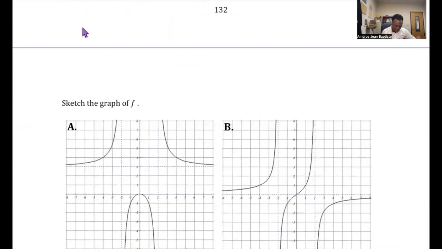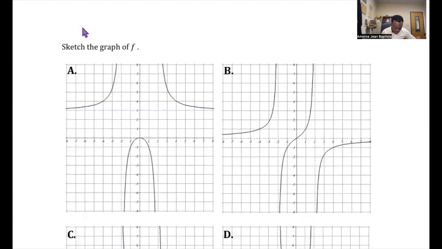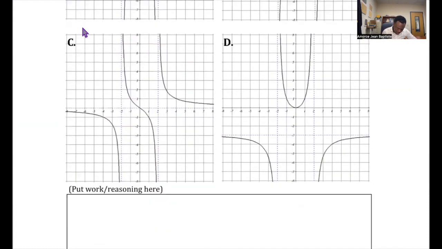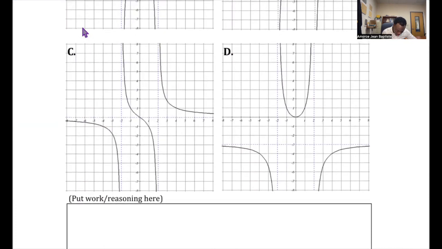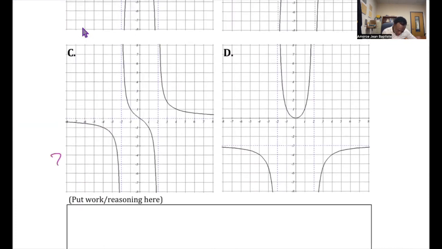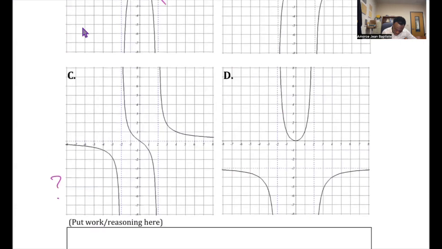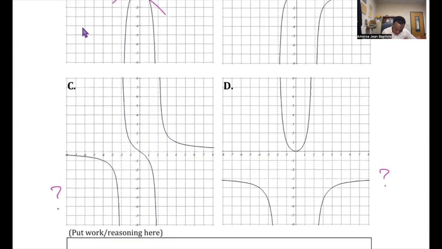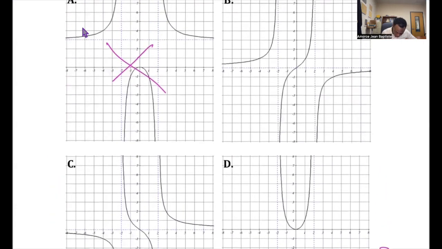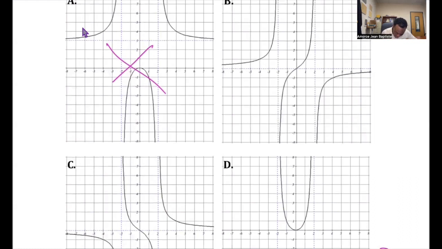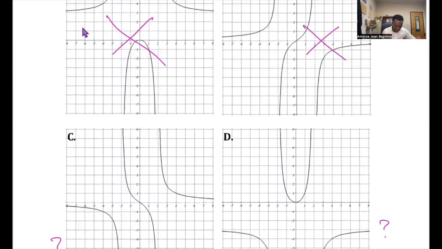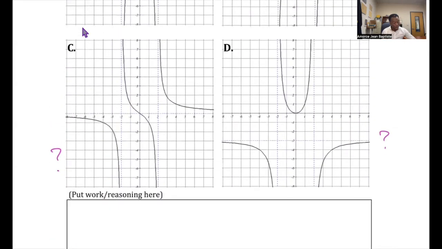Let me see which ones do not have a horizontal asymptote of negative 3. That one is not negative 3, because it's positive 3 right here. So this one is negative 3, it can be the solution. This one is not negative 3, so it cannot be the solution. So it's either C or D.